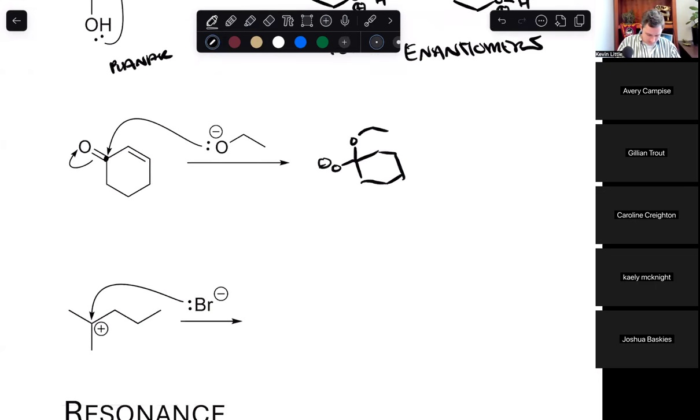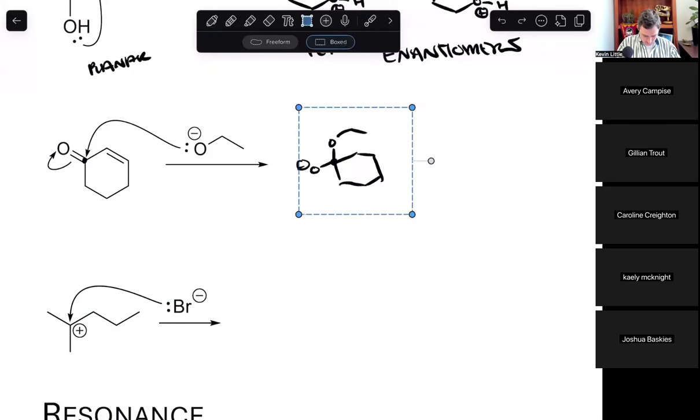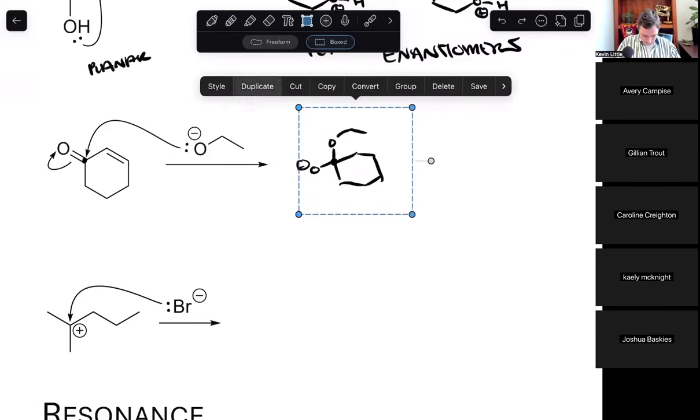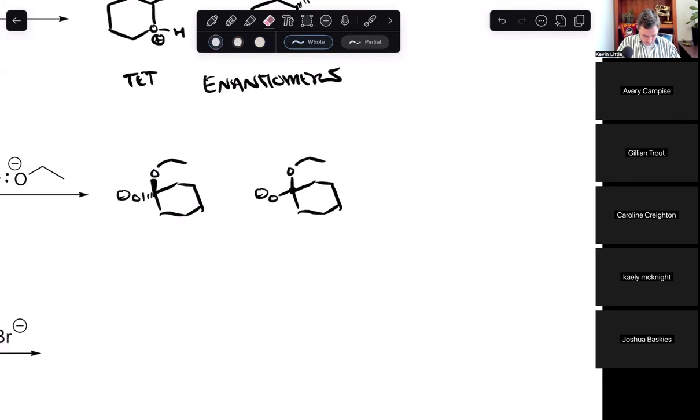I'm going from planar to tetrahedral, so I should get both the wedge and the dash forms, because I'm adding into a flat thing. So when you add into something flat and you turn it into three dimensions, you get both.